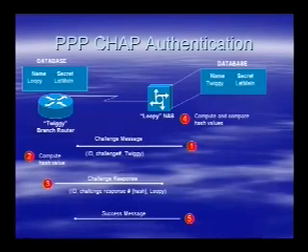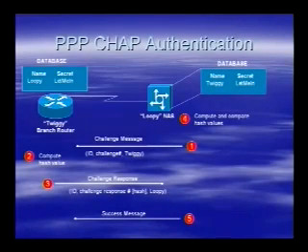The remote host then computes a hash value using a combination of the ID, the challenge number, and the shared secret. It sends a challenge response back, which includes the ID, the calculated hash, and also the name of the network access server.